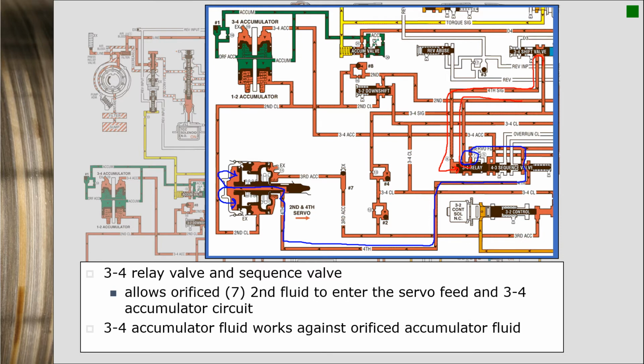So in 2nd, we were working on the 2nd piston of the servo, and that applied the band. In 3rd, we had fluid pressure work on the other side of that second servo piston, and that pushed it released. Well, since I don't exhaust second or third pressure, there's the second pressure and there's the third pressure.